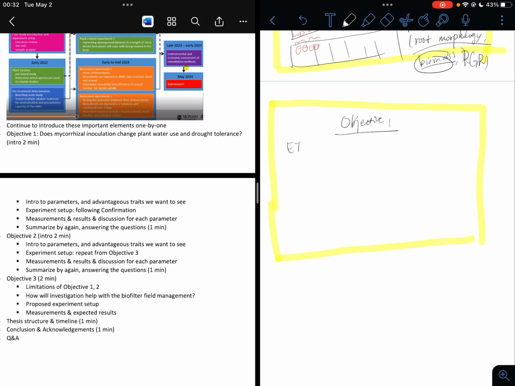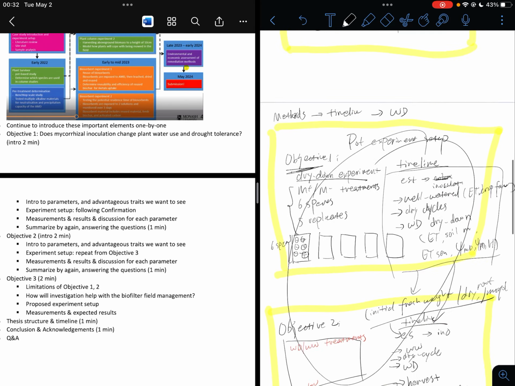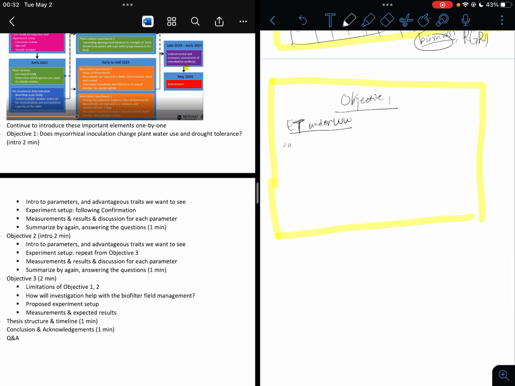So now we talk about ET under well-watered conditions. Actually, we don't need to talk about water deficit right now, just ET under the well-watered phase. And then it's great that you can talk about the advantageous traits, basically the implications of it.